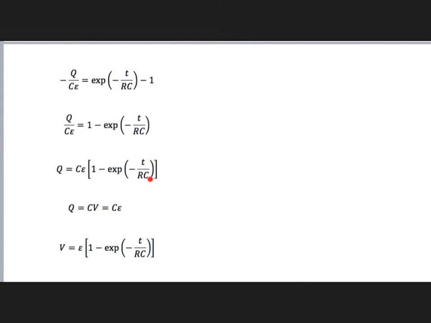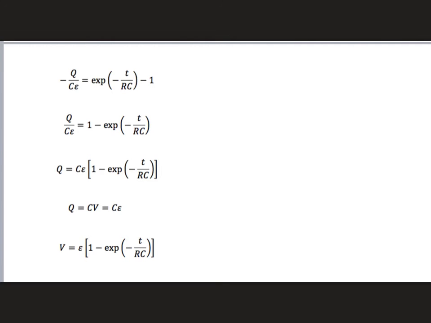The argument t over RC has to be dimensionless, because that's the argument of the exponential function. You're not allowed to have any units inside the exponential function. And so that tells you that the resistance times the capacitance has to have units of seconds, or units of time. And this has units of Q, which is what we would expect, so the units do work out.